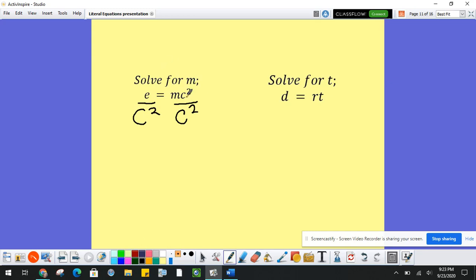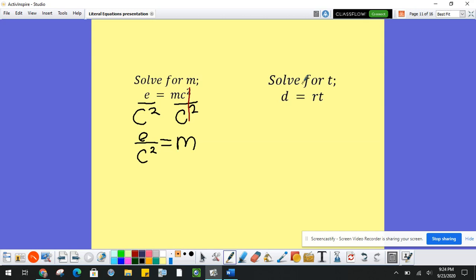When I do it on the right-hand side, this c squared cancels with c squared, and I am left with m. But on the right-hand side, I don't know what E is. I don't know what C is. So my answer is actually E divided by C to the second power.